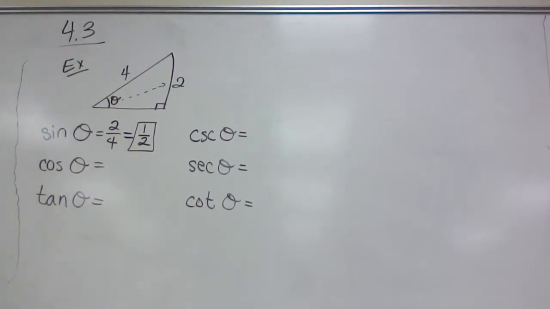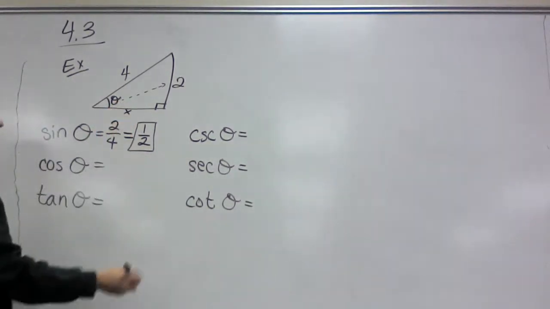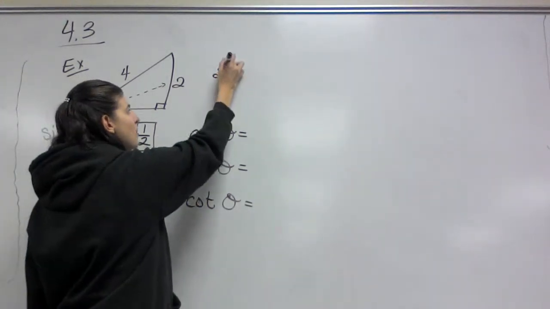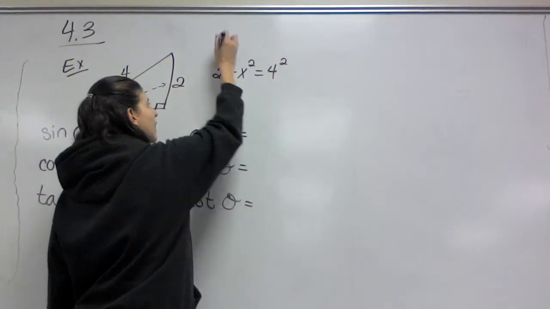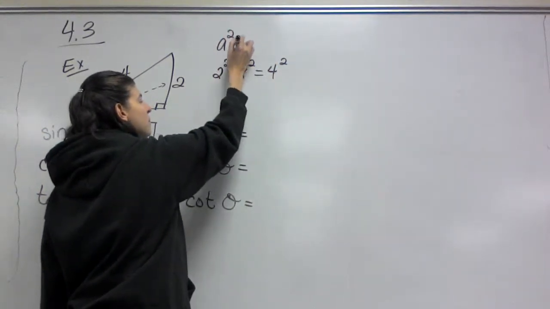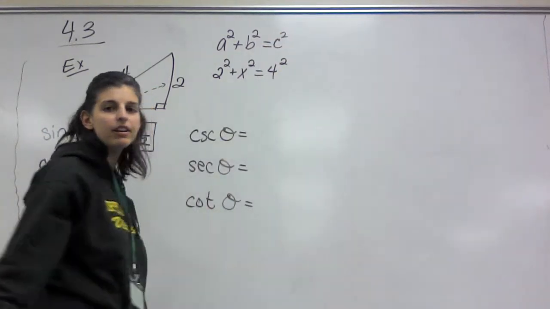What's the cosine of my angle going to be? We need to find the adjacent side length, so I should probably call that x. 2 squared plus x squared equals 4 squared. That's the Pythagorean theorem in use. A squared plus b squared equals c squared.